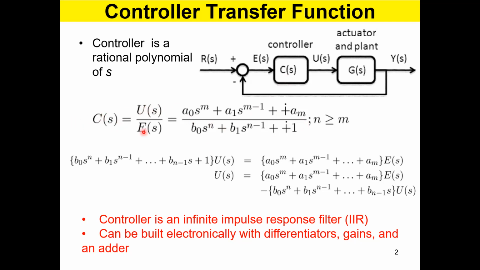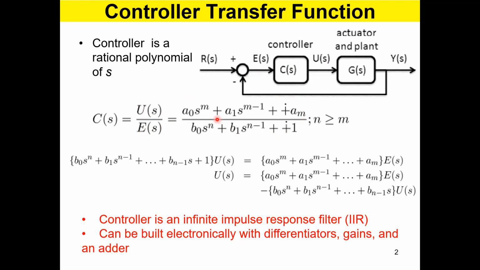Controller is U over E. U is the actuator signal or the control signal here, and E is the error. So on one hand, the controller receives the error, and on the other hand, it commands the actuator. So when you get this ratio U(s) over E(s), almost always you get something like this.